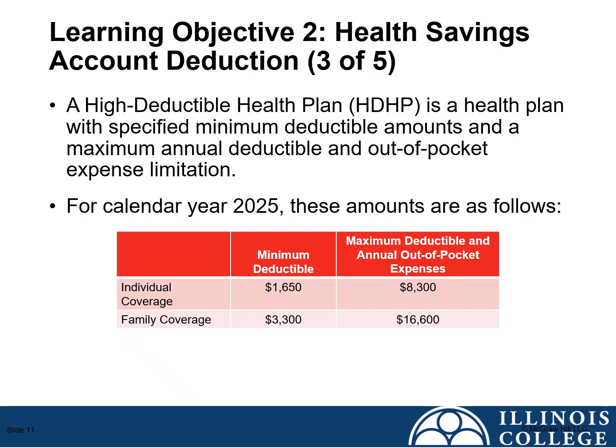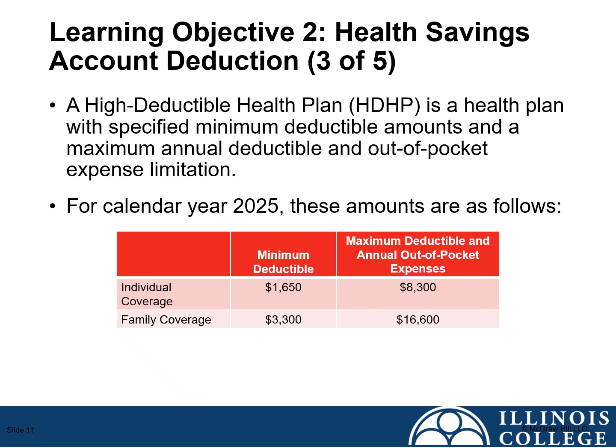To be eligible for an HSA, the taxpayer must be enrolled in what is called a high deductible health plan, often abbreviated as HDHP. So let's take a minute to talk about what that actually means. A high deductible health plan is defined by the IRS using minimum deductible thresholds and maximum out-of-pocket limits.